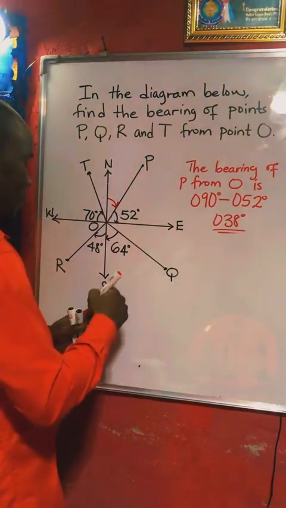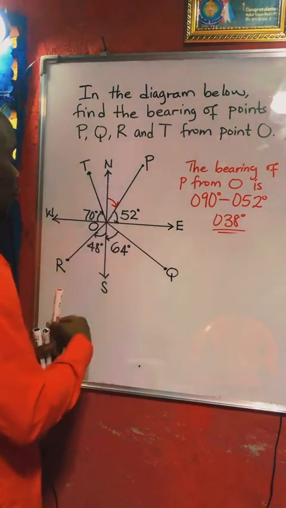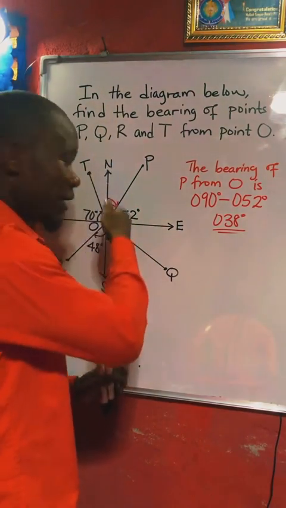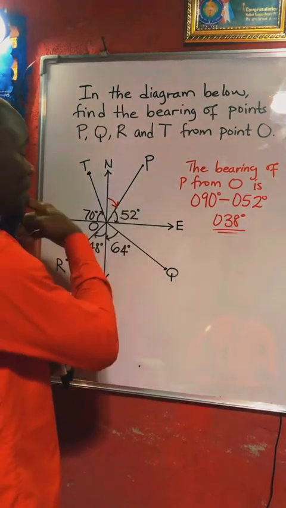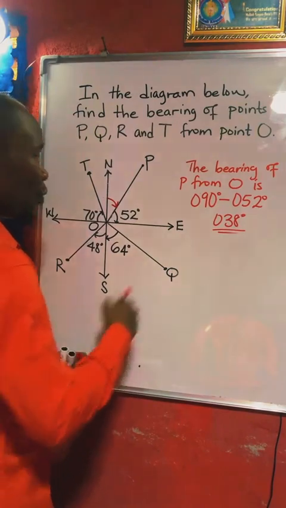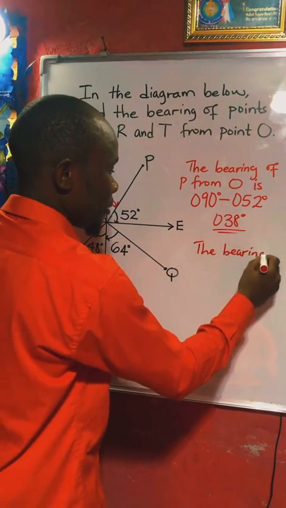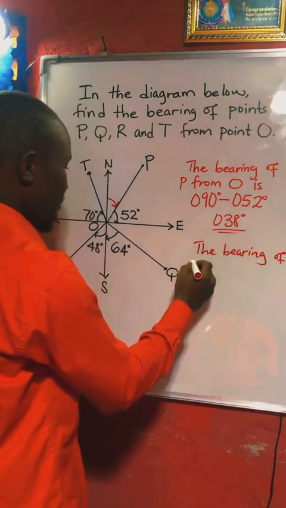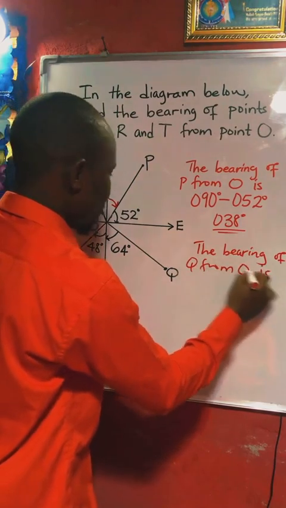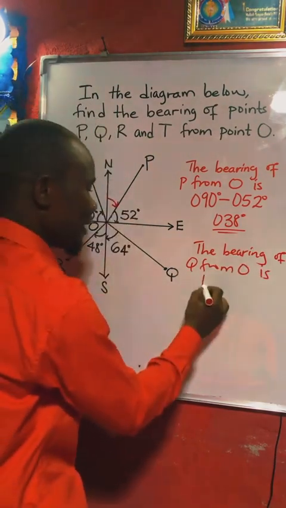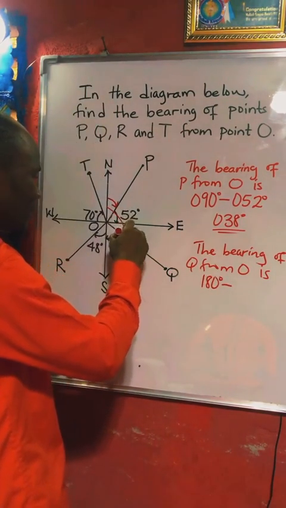Now the next one again, we are going to find the bearing of Q from O. We know that a straight line measures 180 degrees. So it is coming after this Q, and the rule says we should always start from the geographic north. So we can say the bearing of Q from O is, since a straight line measures 180 degrees, 180 degrees minus the angle from this point to this point.